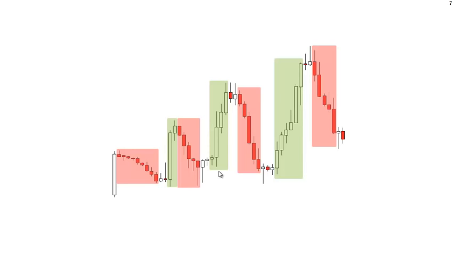So what we see here is a chart, and you see some areas highlighted. The red highlighted areas are bearish trends. The green highlighted areas are bullish trends. Now, these candles here are giving us a lot of very important information about what's going on with the market right now.